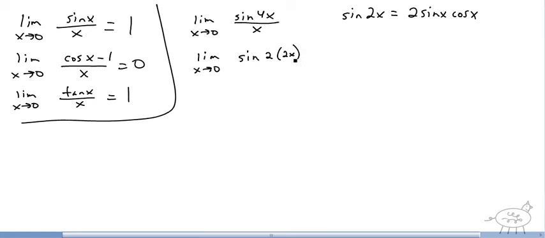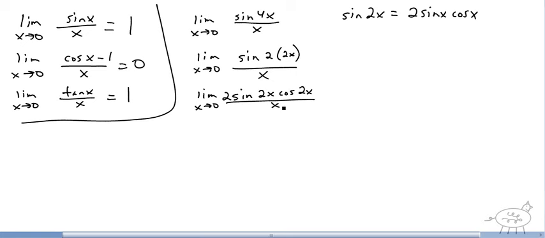Alright, so that's my double angle. So what I'm going to do is write this as the limit as x approaches 0 of 2 sine of 2x cosine of 2x over x.